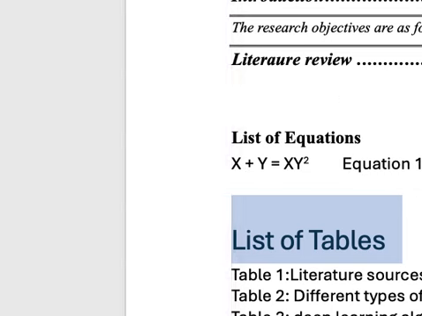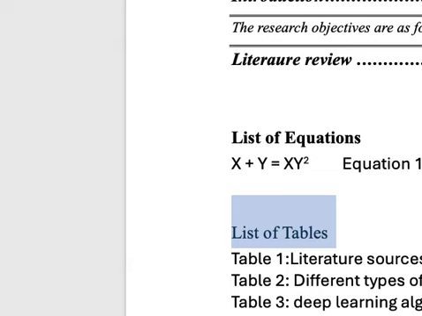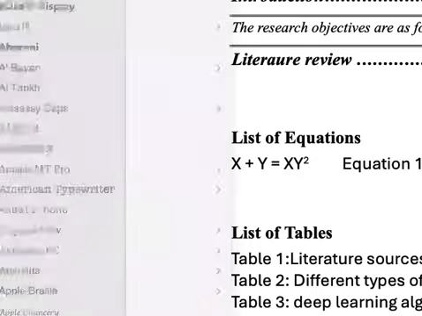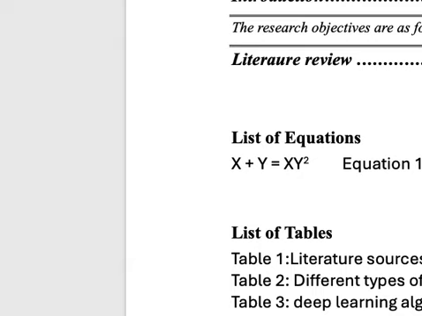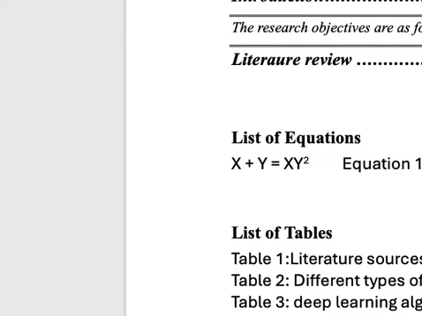Times New Roman. Font size 12. Make that bold. Change the color to black. List of figures. Select heading 1. Change that to Times New Roman, black, font size 12, bold.